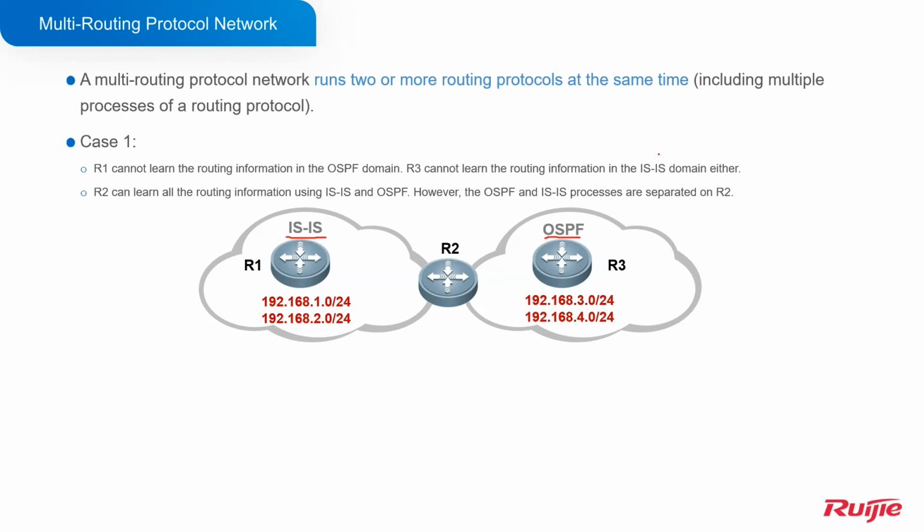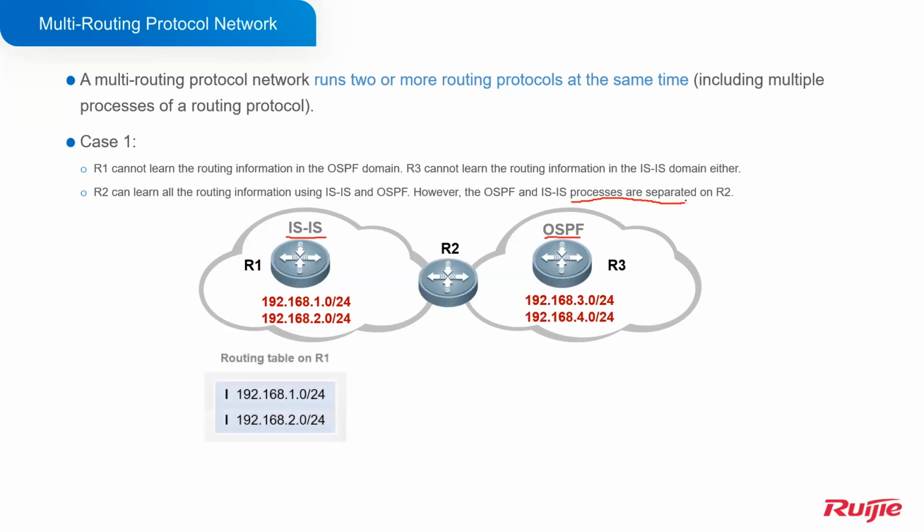The processes are separated. When we check the routing entries, you should know that on R2, there are two protocol routing tables. One is the ISIS routing table, another is the OSPF routing table. So even though some of the entries in these two routing protocols can be found in the global routing table, they will not exchange the entries.